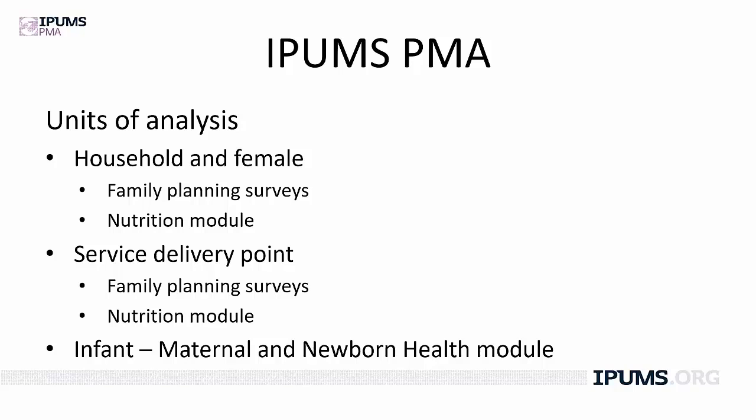PMA also collects data from service delivery points such as hospitals, clinics, and pharmacies in the same small primary sampling units that households were sampled from, so you can link these data together in both the family planning surveys and nutrition surveys. Lastly, there are surveys conducted in Ethiopia at the infant level in a maternal and newborn health module.